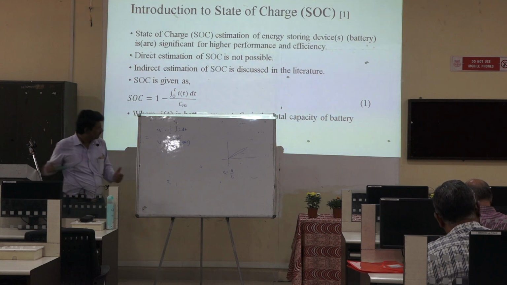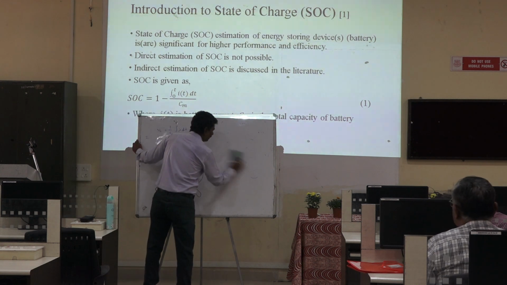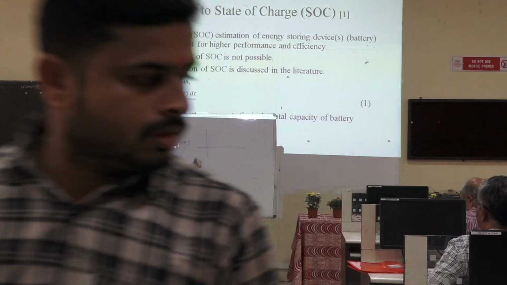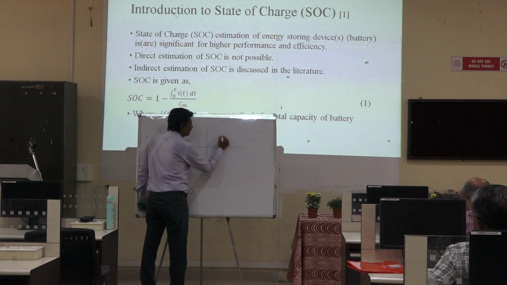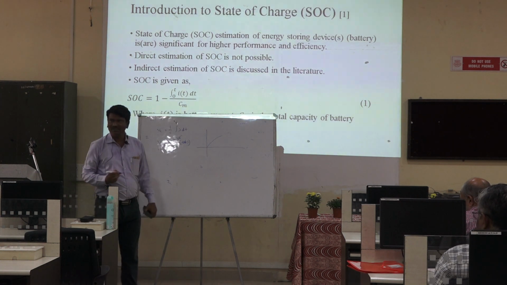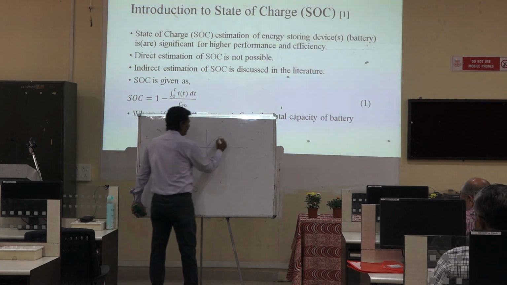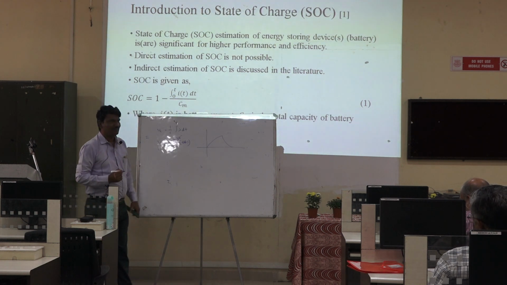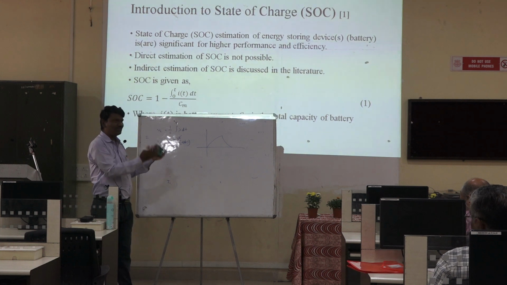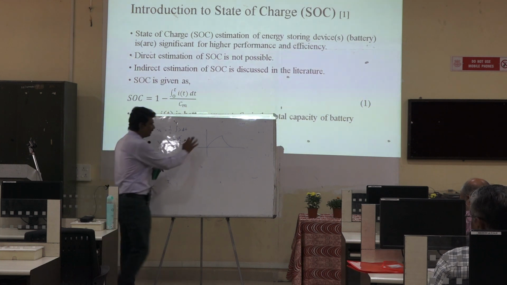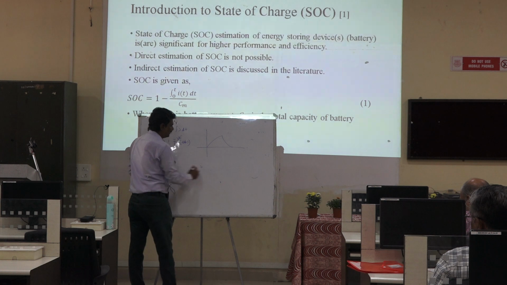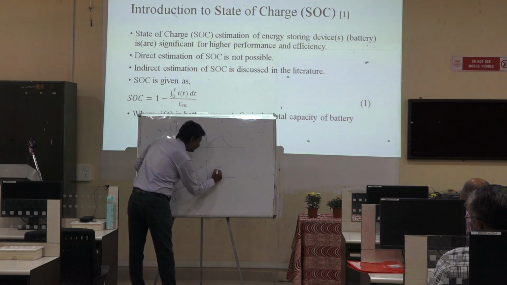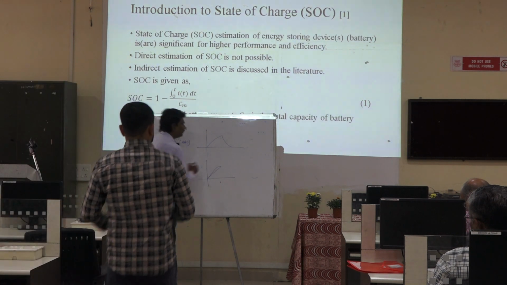Now what will happen whenever I discuss the charging part? Simply, a capacitor charges like this, and when we discuss the discharging part, it discharges like this. When I superimpose these two curves together, charging and discharging, it will be like this.